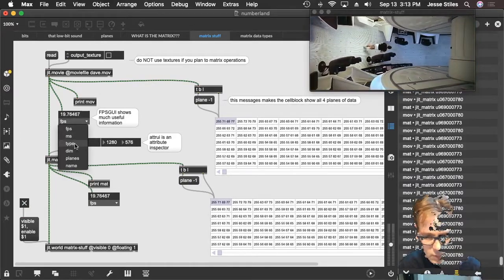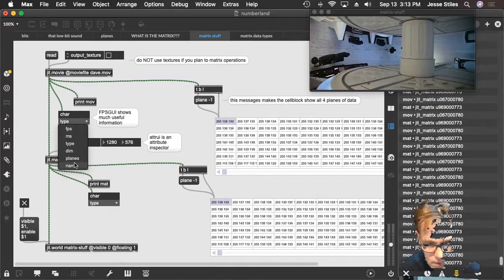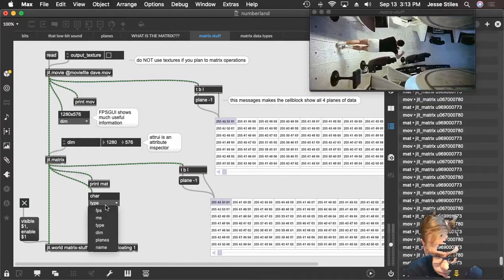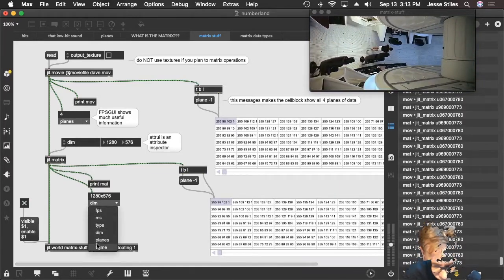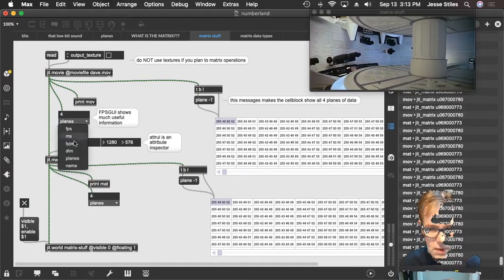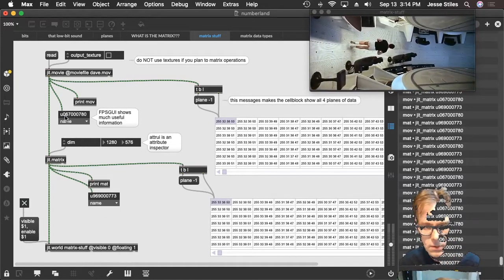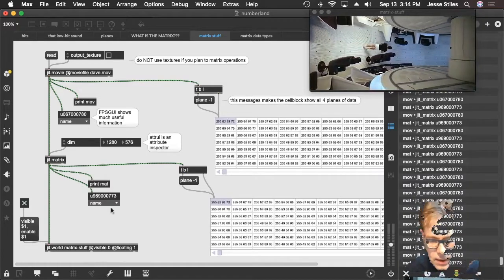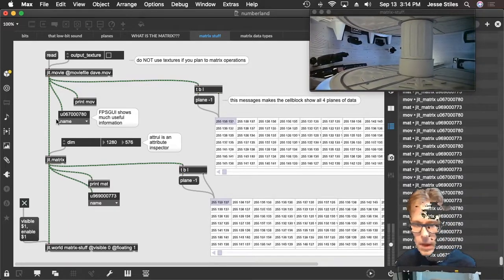We're getting the same frame rate, we have the same data type, the same size, the same number of planes. The only thing that would be different in this case is, I think, the name. So this has one randomly generated name and this has a different one. So these are both being stored in 2 different pieces of memory.